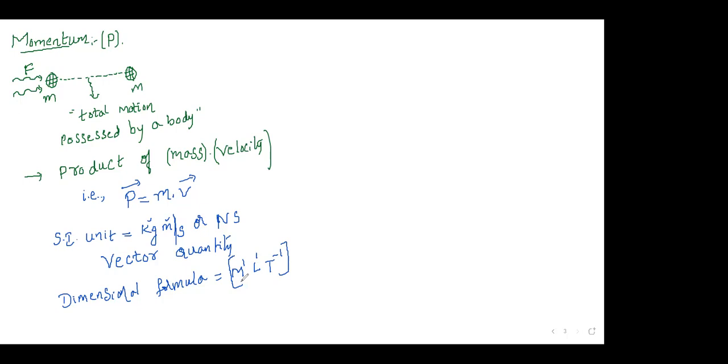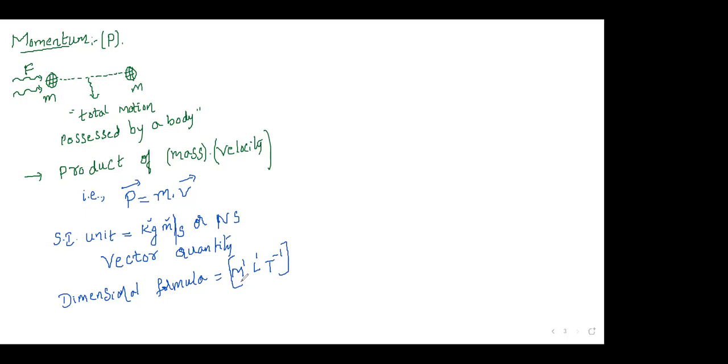So what is momentum actually, students? Momentum is the total motion possessed by a body. How is it measured? It is measured as the product of mass and velocity. That is given by the formula P vector equals M into V vector. What's the SI unit?